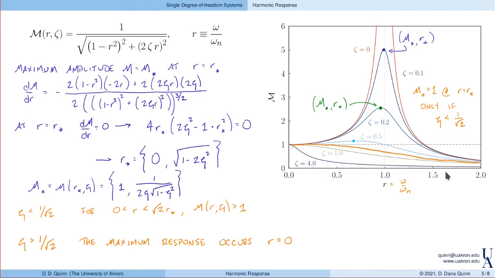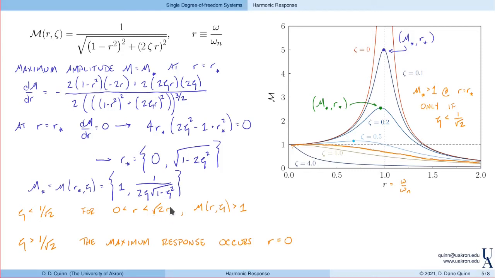So again, as I increase the frequency, that amplitude just continues to drop. So when we're talking about the dynamic response of these systems, right, it's important to know these things. For light damping, you can actually get increased amplitude with the time-dependent forcing, if that forcing frequency is low enough.